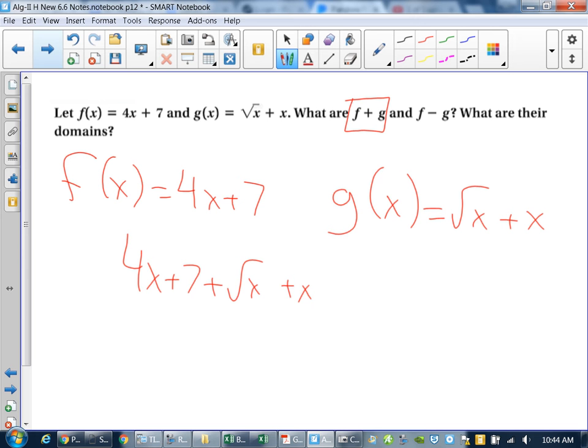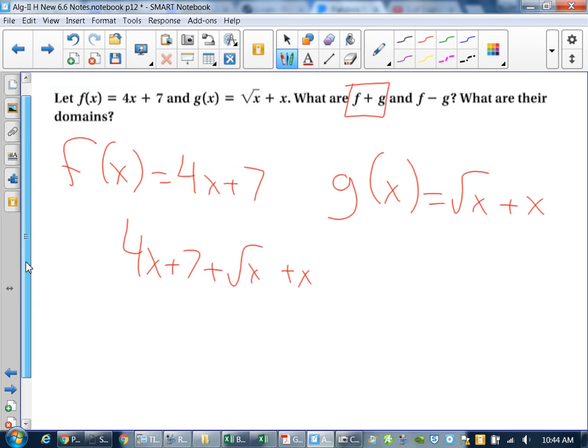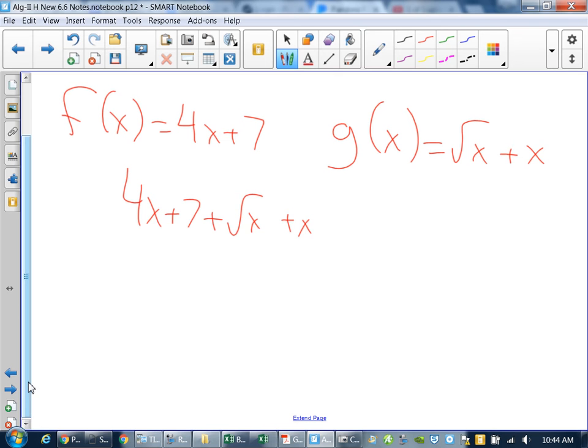What's 4x and x? 5x. People were asking me this earlier today: what's the proper etiquette to write down the order for these things? Descending order is the proper etiquette. The one thing I would suggest, though, since this radical has nothing else underneath it, is that sometimes people accidentally extend it with the 7 underneath here.